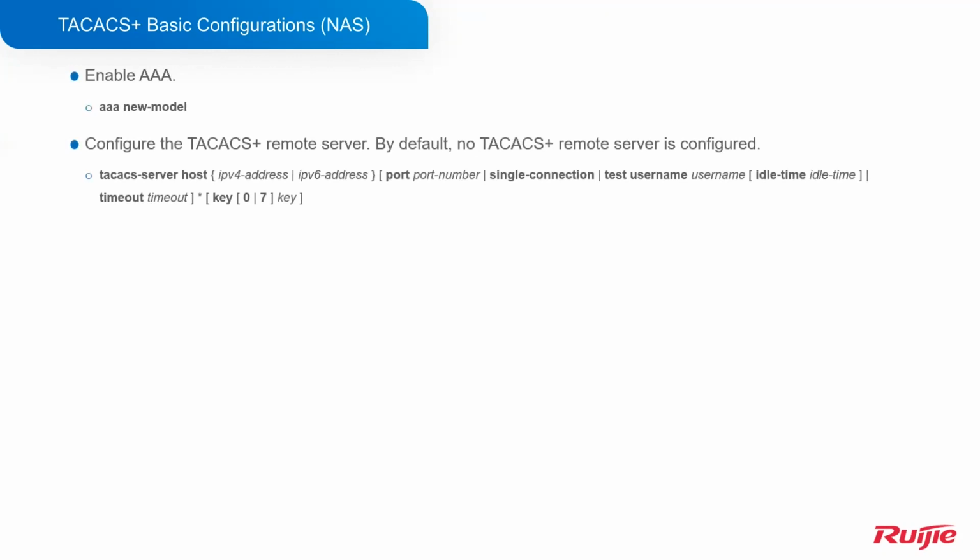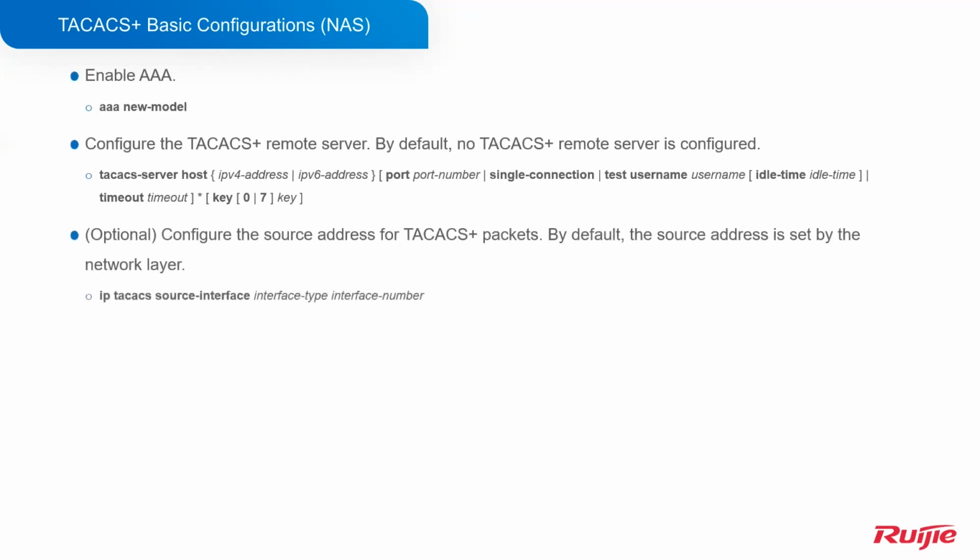The first step of the configuration is to enable AAA by using the command aaa new-model. And next, configure the TACACS+ remote server, tacacs-server host, with the IP address. It could be an IP version 4 or IP version 6 address.